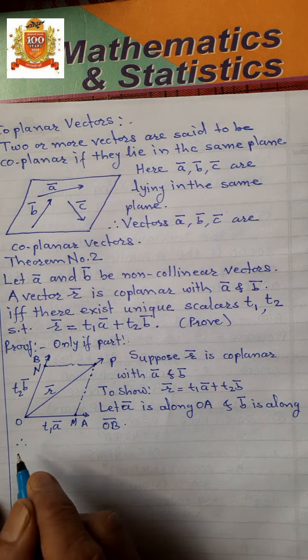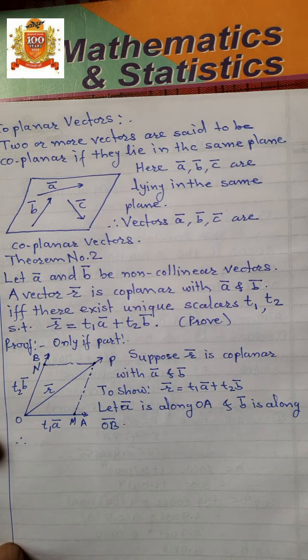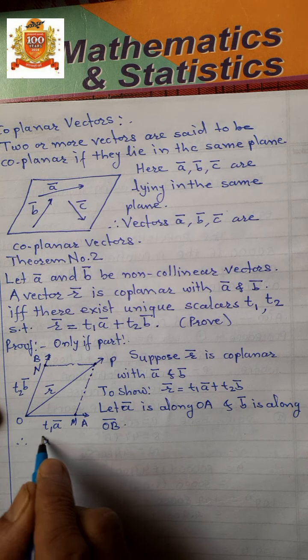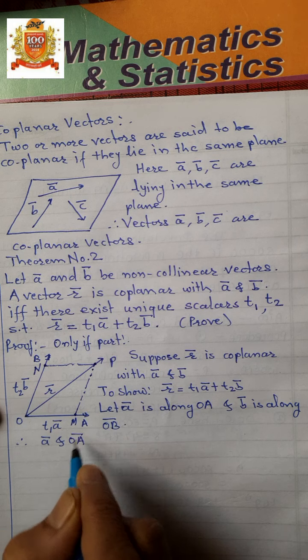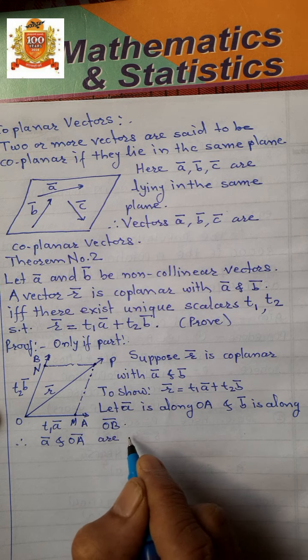Therefore, A bar and OA bar are collinear.